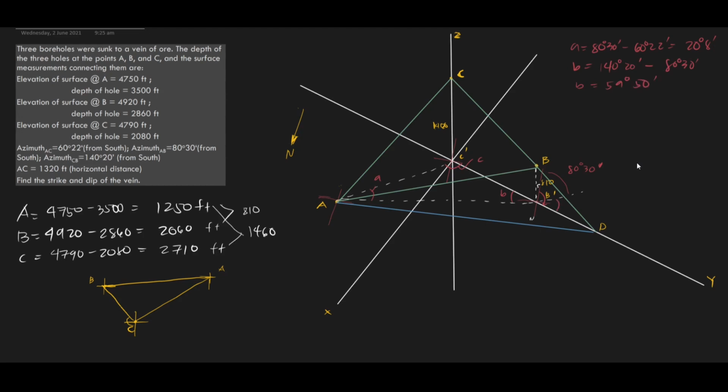So this will be the angle here, and this is equal to this one. Okay, so that's B. And to calculate for C, that's basically 180 minus B plus A. Okay, so if you calculate C, you will get 100 degrees and 2 minutes.